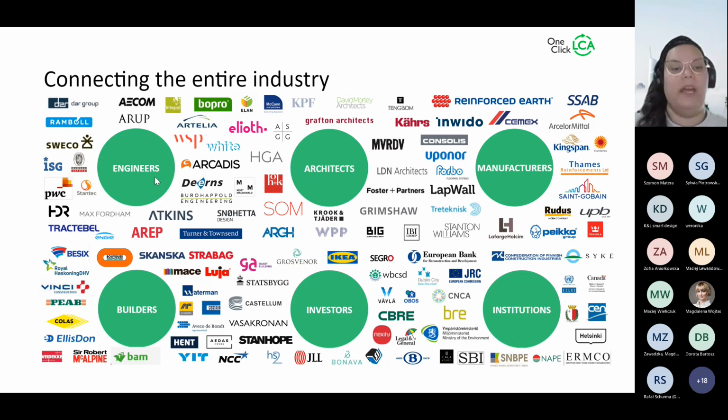Builders, investors, and institutions also use our tools, mainly for portfolios, for example ESG, or for obtaining certifications. All of these companies that you can see here are our customers.